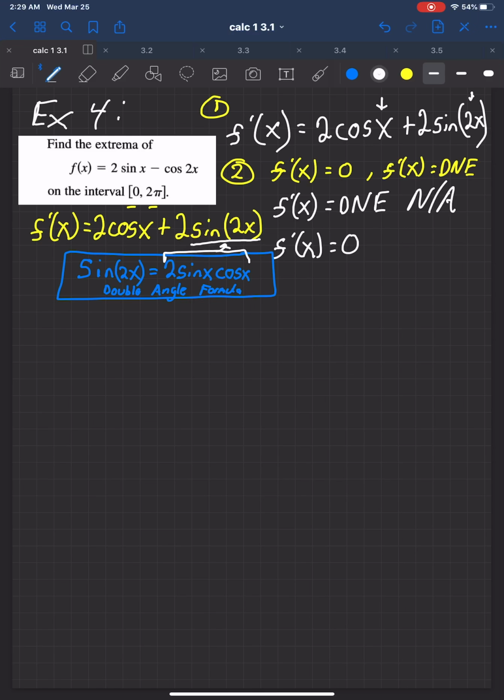So let me do that right now. That equals 2 cosine of x plus 2, ready? At this stage I'm going to turn sine of 2x into 2 sine of x cosine of x.